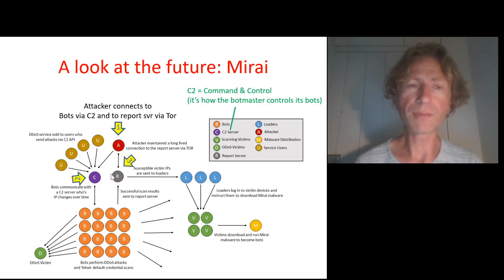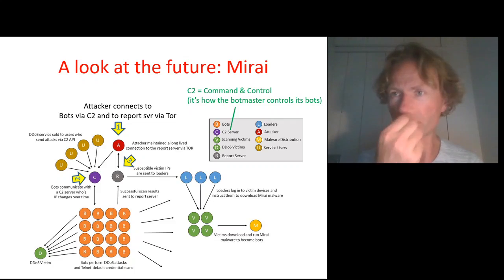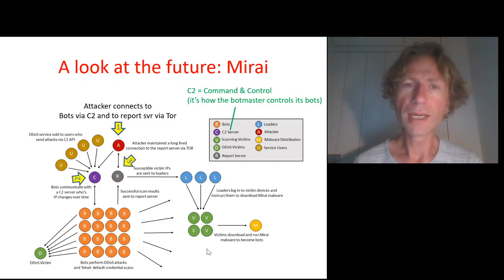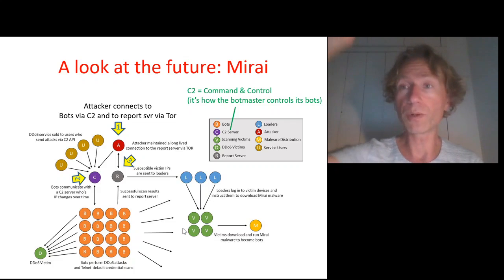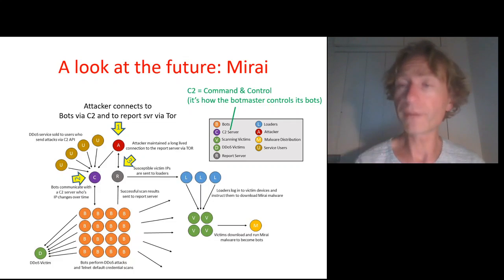And the other thing that the reporting service would do is, so the command and control server would, for instance, tell the bots not just to do denial of service attacks, but also to launch scanning attacks to see which other victims are vulnerable. Okay, so for instance, there's a camera here or a refrigerator there, and it turns out that Mirai is able to infect them. So they scan them to see if they're infectable because they have a default username or password, or maybe they don't even have any username or password.